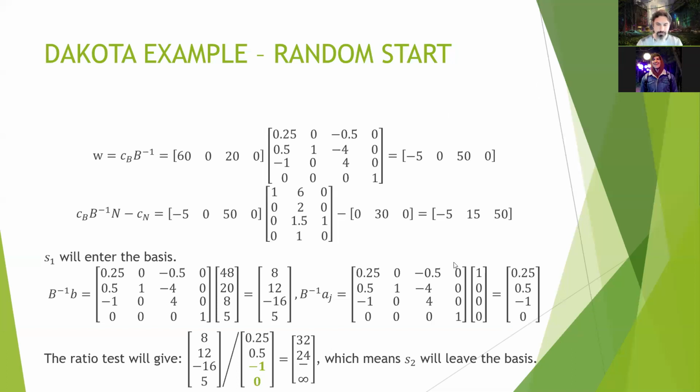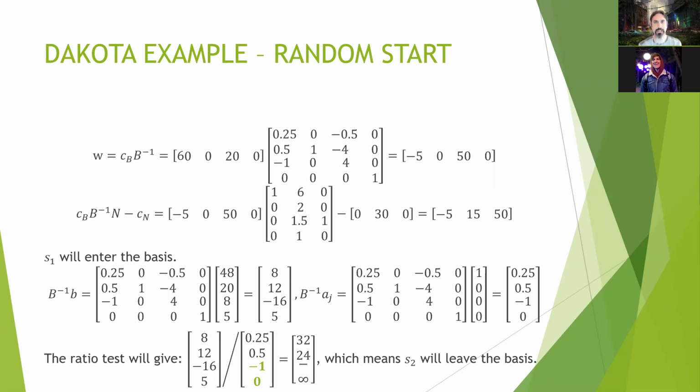ratio test. So this is the original column for S1, and this is the current B inverse, which will give me the current column for S1, which is 0, 2, and 5, 0, 5, -1, and 0. Now, you can think of B inverse as your time machine, okay? When you multiply the original, initial table values of something with B inverse, you get the current table values for it.